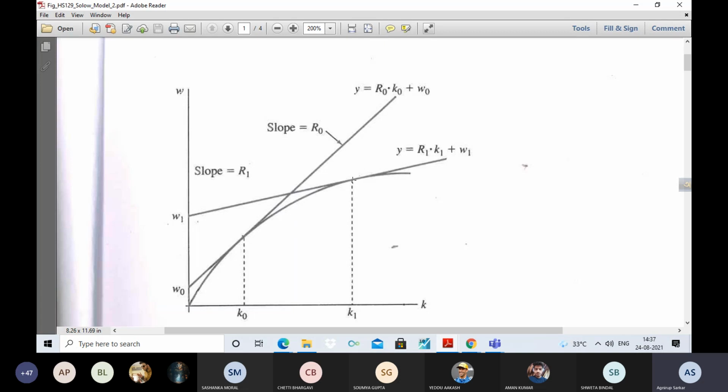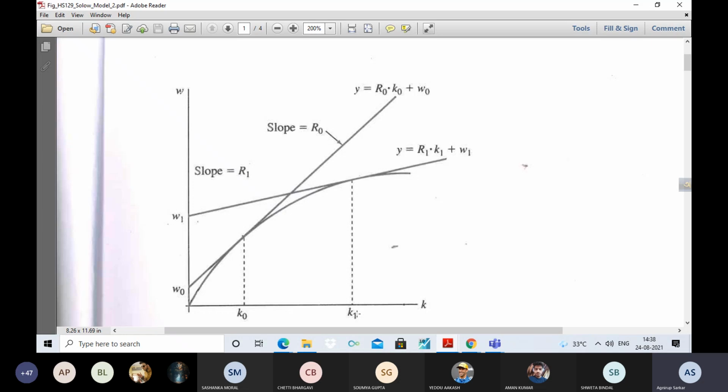So this figure shows two values of capital, K0 and K1, and the income functions at these values are given by straight lines which are tangent to Fk at K0 and K1.